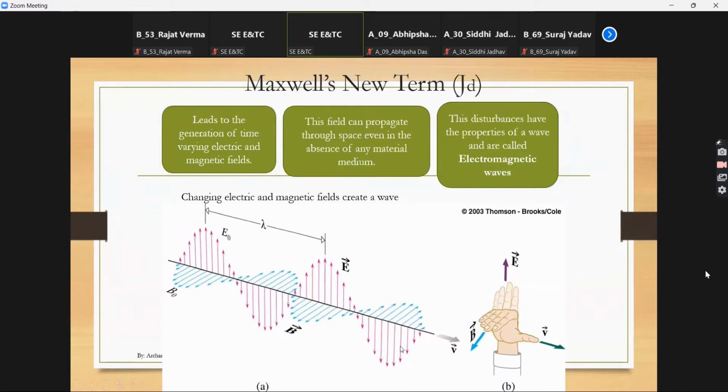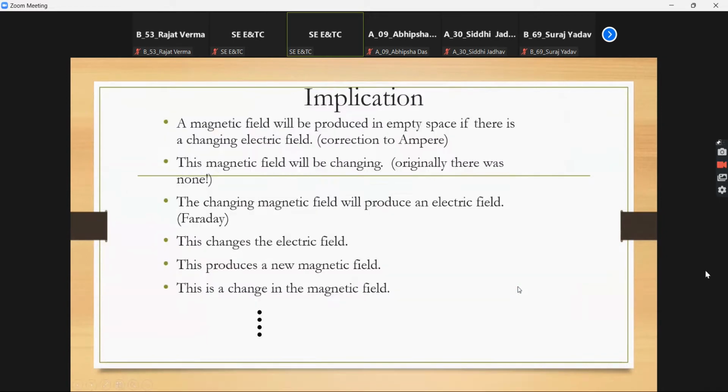Normally this is the standard that EM wave propagation is considered to be along the z direction. If you refer to any books globally, the propagation is always along the z direction. In the x direction the electric field will be noted, and in the y direction the magnetic field will be shown.